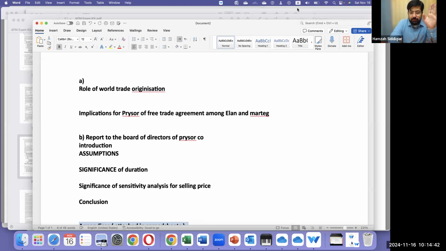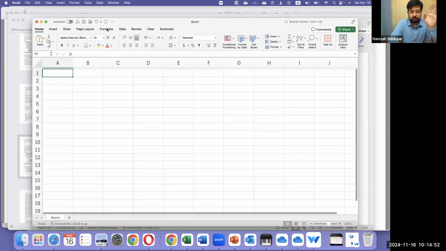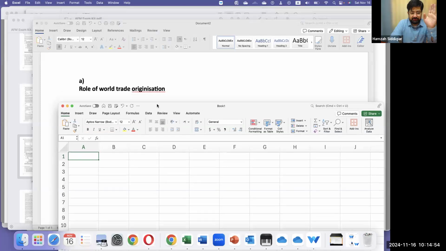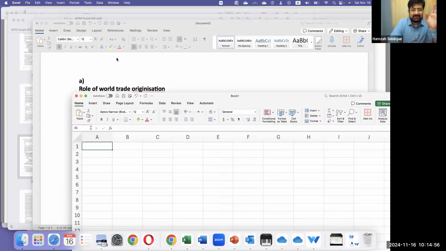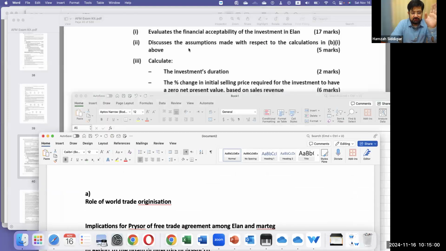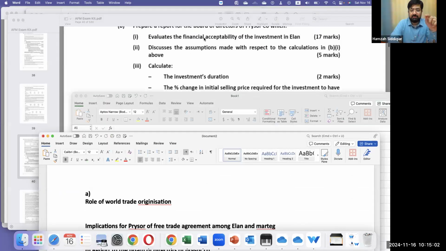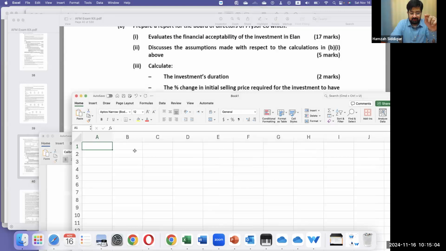Now, we will be opening the spreadsheet here. And the first appendix is linked to the financial acceptability of Elan.